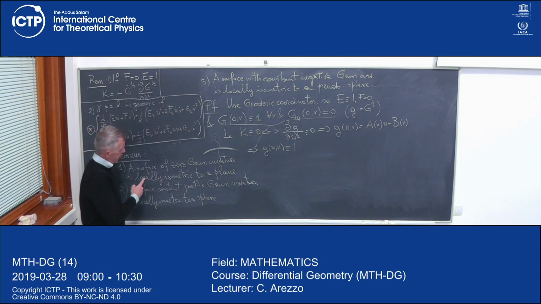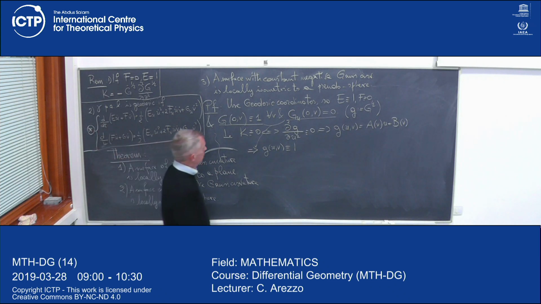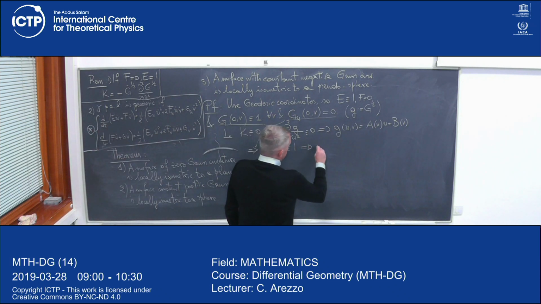But remember the proposition: two surfaces are locally isometric if and only if there is a chart which puts the first fundamental form in the same shape. This is the shape of the first fundamental form of the plane, so the geodesic coordinate map is an isometry. So this implies the plane.